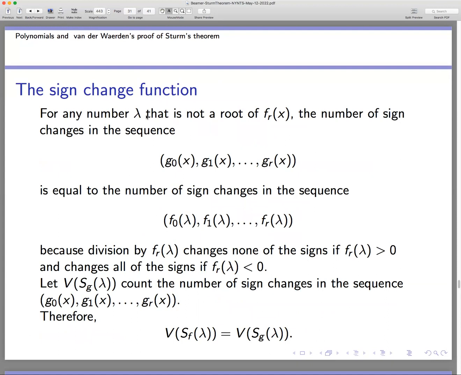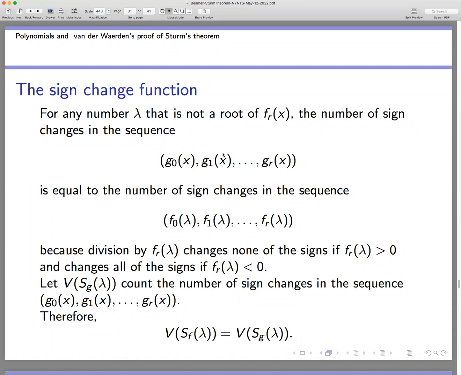Now, for any number lambda that's not a root of f sub r of x, the original greatest common divisor, the number of sign changes in the sequence that I got after my division is exactly the number of sign changes in the Sturm sequence, because I'm dividing by f sub r of lambda, which is either positive or negative. The signs will either be the same if what I'm dividing by is positive, or they will be the negatives if what I'm dividing by is negative.